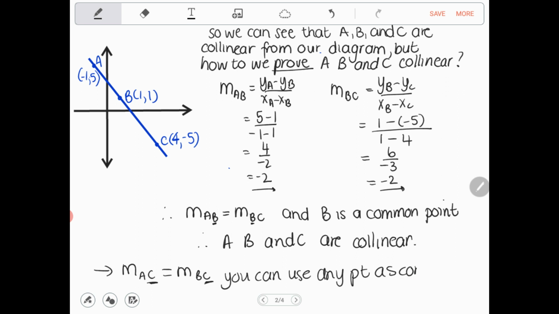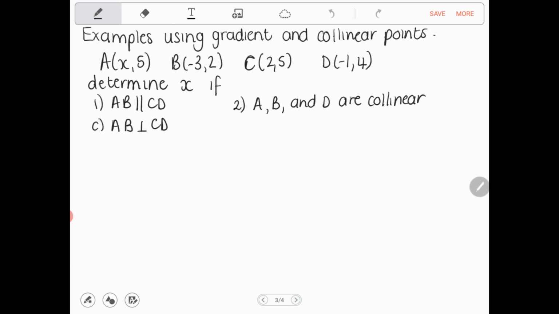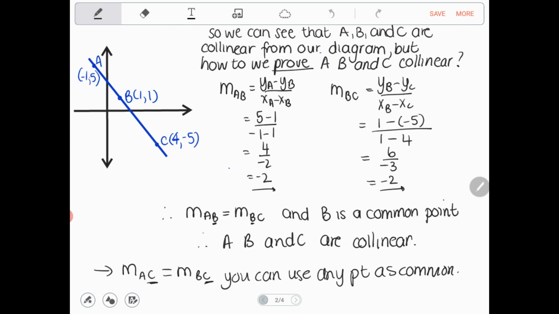It doesn't have to be the one that you think is in the middle. So that was proving that if the gradients between the 2 points are equal and there is a common point, that proves the points are collinear. That's how you prove collinear points.